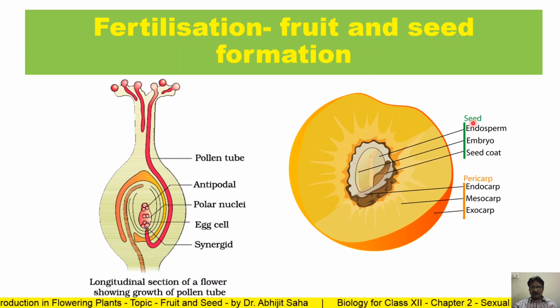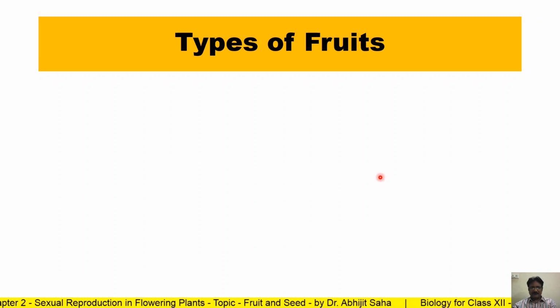So now this whole structure, that is the fruit, is the ripened ovary, and the seed inside is the mature ovule. This seed has different important parts. One is the endosperm, another is the embryo, and they are enclosed within the seed coat. This is the transformation of the ovary into the fruit and ovule into the seed.